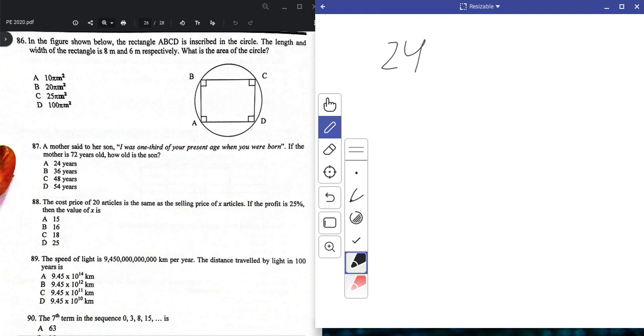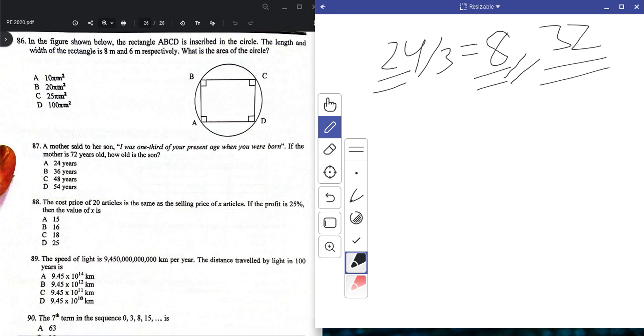Now 1/3 of 24 means 24 divided by 3 is equal to 8 years old. This means when the son was born, mother was 8 years old. That means mother is 8 years older than the son. Now the current age is 24 plus 8, which is equal to 32, which is not correct, because the current age of mom is 72 years old.